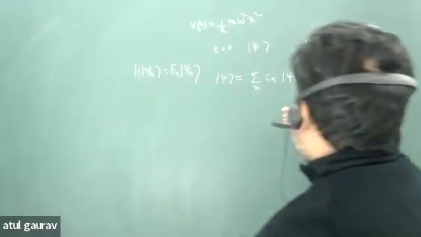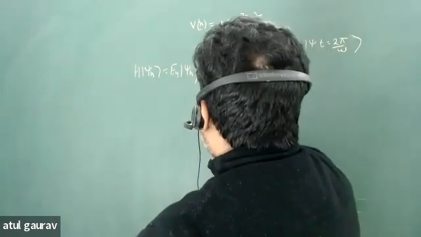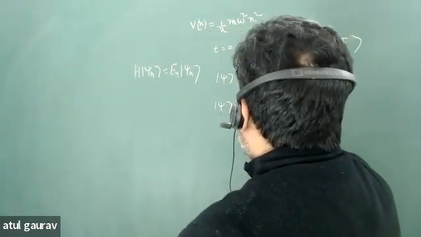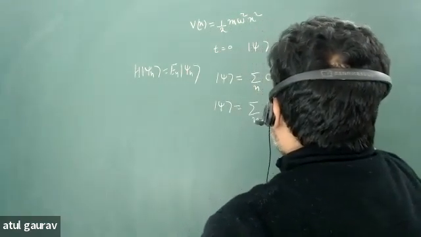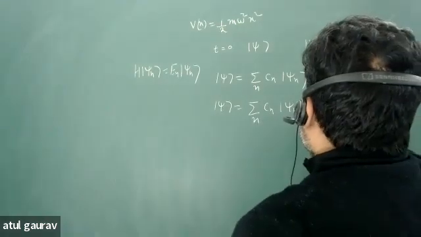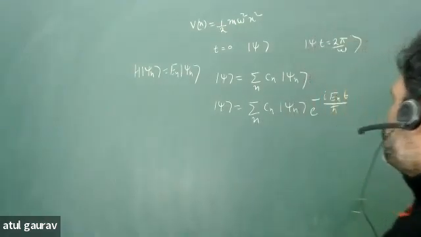Okay. Now this is at t equal to 0. What is going to happen at t equal to t? c_n psi_n e to the power minus i E_n t upon ħ. This will be it, right?